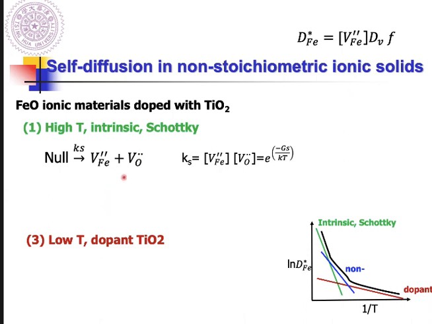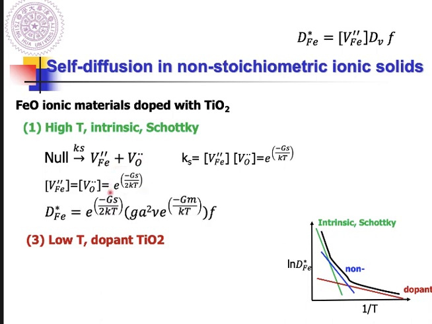Based on these results, we know the rate constant K for the Schottky defect formation can be written down like this. This times this equals exponential of minus the Schottky defect formation energy divided by kT. And because this equals this, I can know the vacancy fraction at the iron site equals that at the oxygen site equals this.